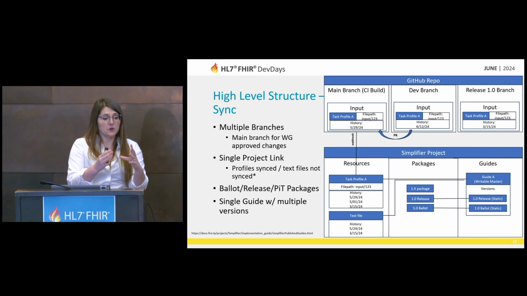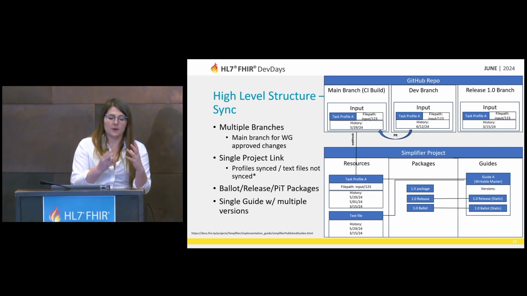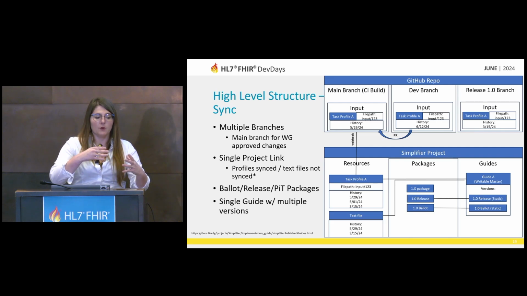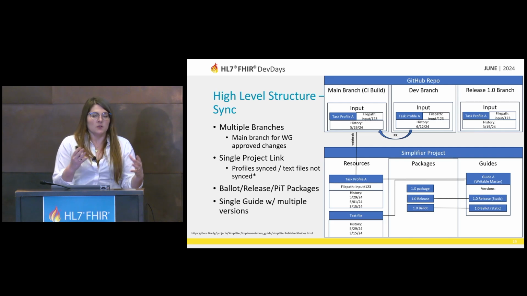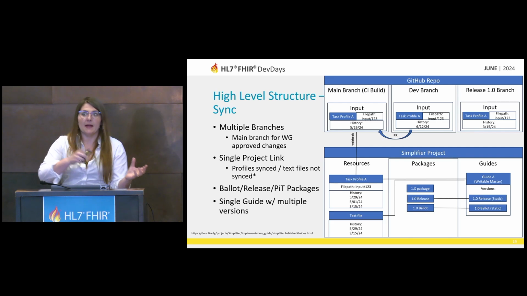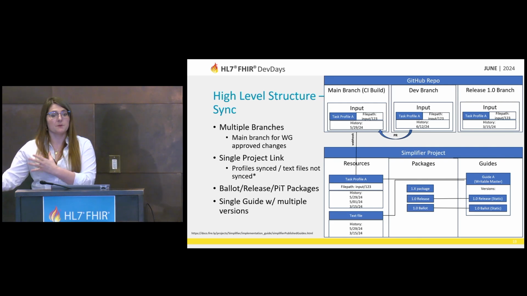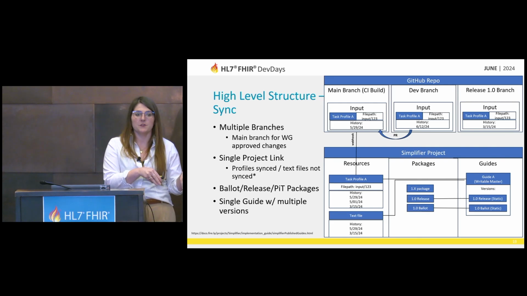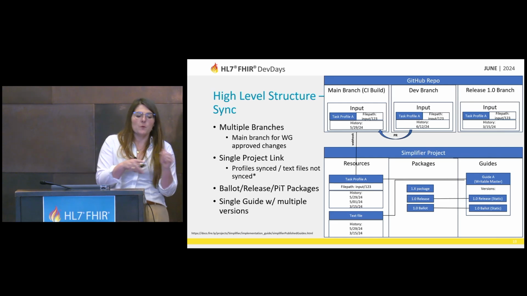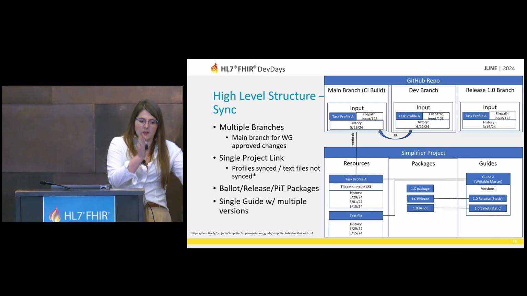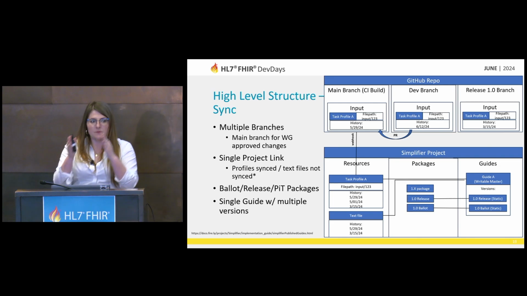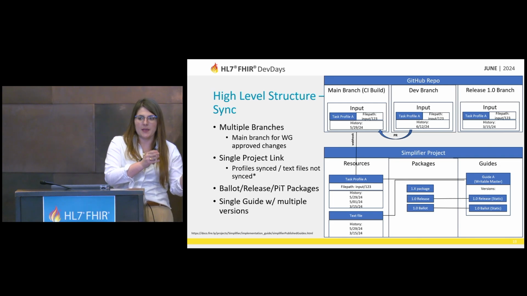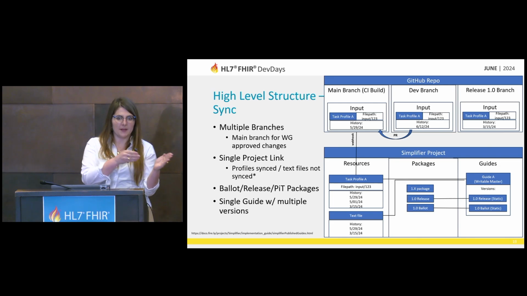because essentially you have only one project to work in, there are some challenges here. Let's say you put out a ballot release for someone to react to, and then you did a bunch of work on a new feature, and you updated the implementation guide pages. There's no way to isolate those changes from the implementation guide pages, so you can't easily revert them back and forth.